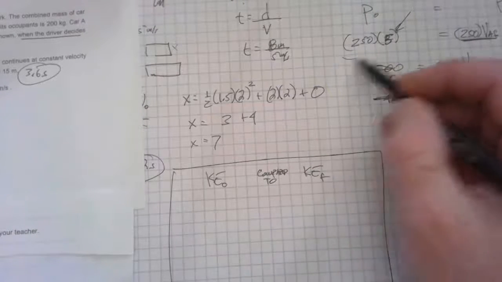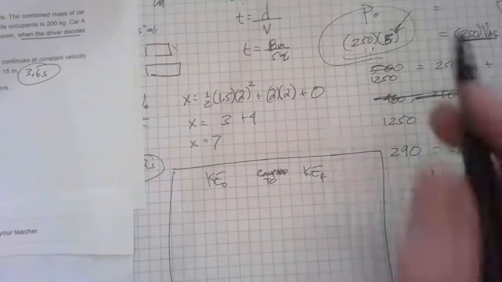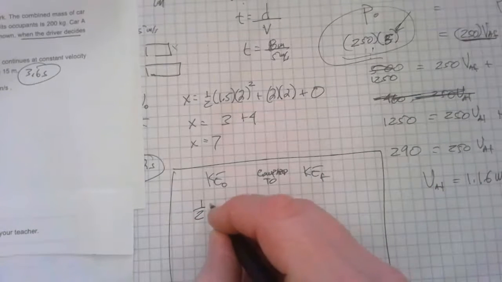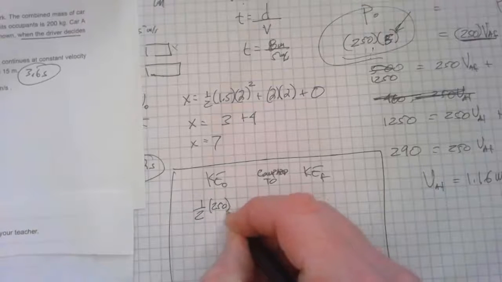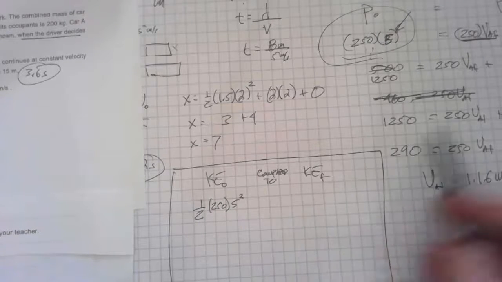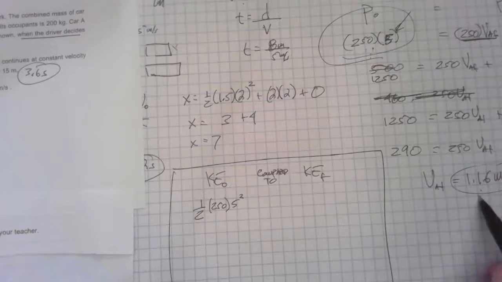The initial kinetic energy is all in the first car, and it's moving at 5 meters per second. Don't want to forget that. So its initial kinetic energy is 1/2 times 250 times 5 squared. Afterwards, you have two objects. Now the direction doesn't make a difference. They're both in the same direction anyway. Car A, we know its velocity now.